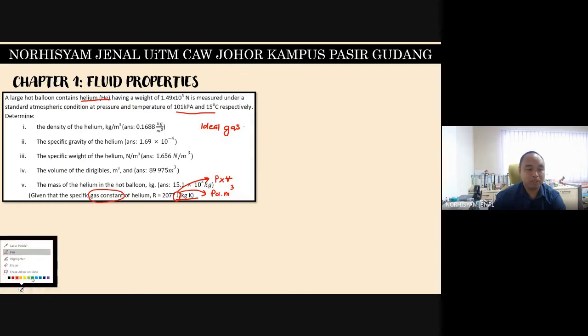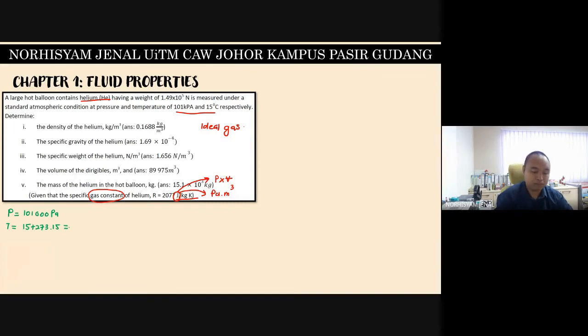So we prep up our calculation by having pressure, P, in pascal, and then temperature should be 15 plus 273.15 equals to 288.15 Kelvin, right?